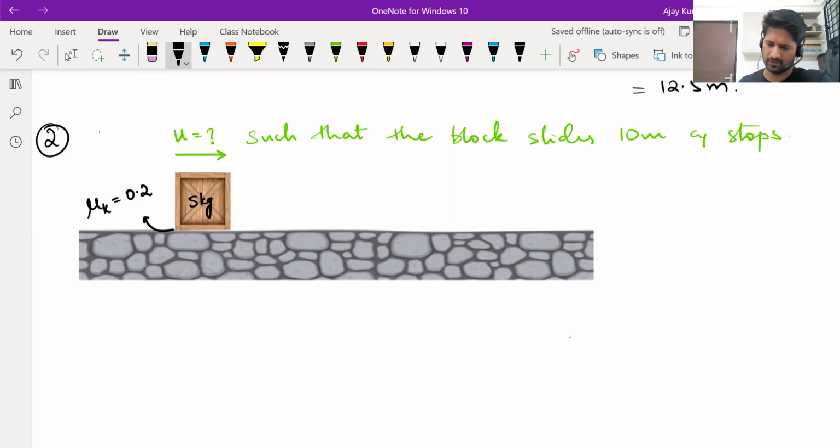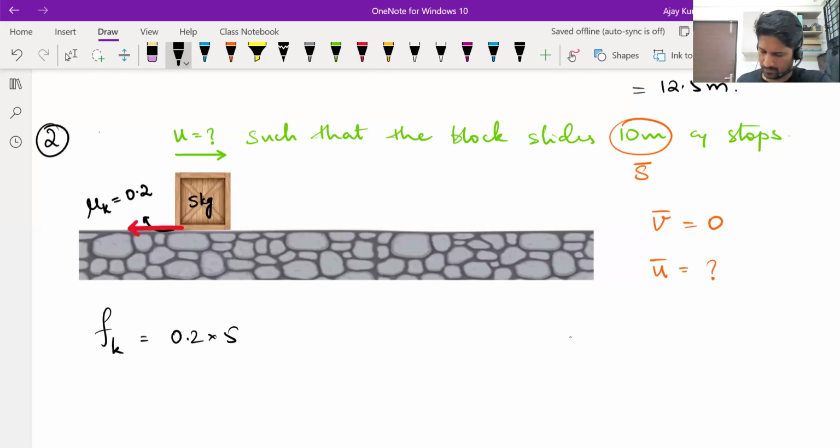Okay, fine. So you need the initial speed such that it slides 10 meters and stops. So we know the displacement. We know the final velocity is 0. And we need initial velocity. The only thing missing is the acceleration. Acceleration can be calculated from friction. We know weight and normal force act vertically. The only horizontal force acting on this block is friction. That itself will be the net force. Okay, correct. So net force is mu k into N, 0.2 into 50.